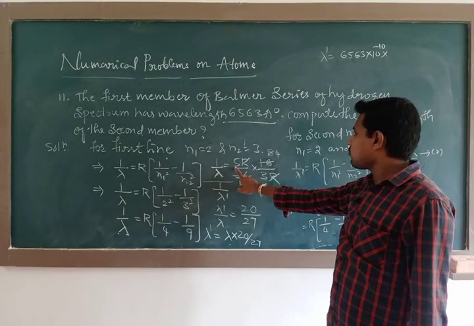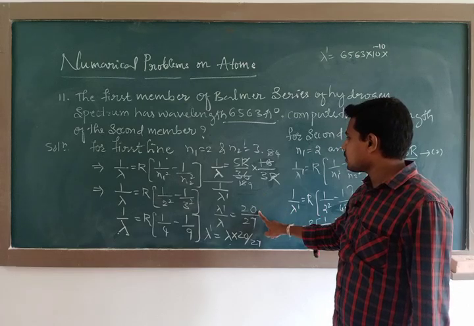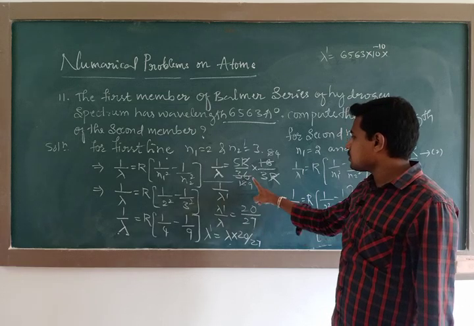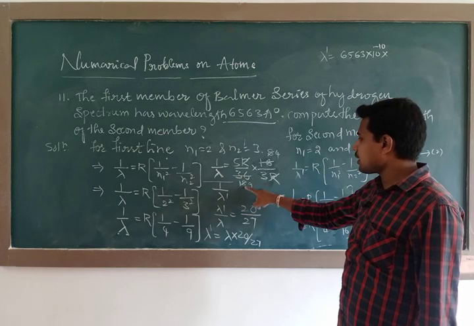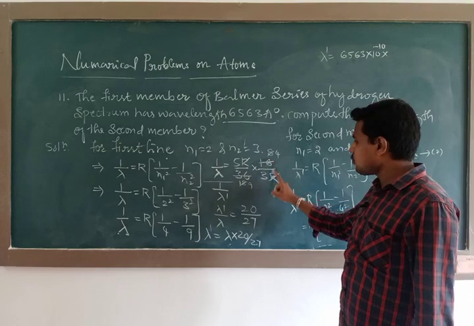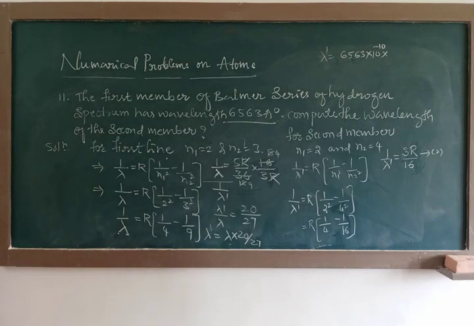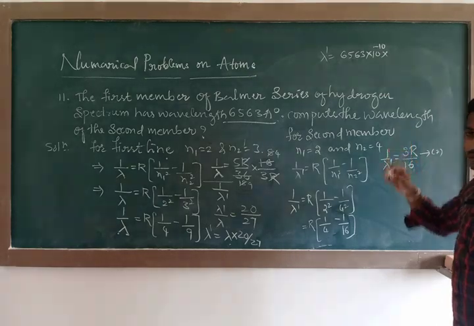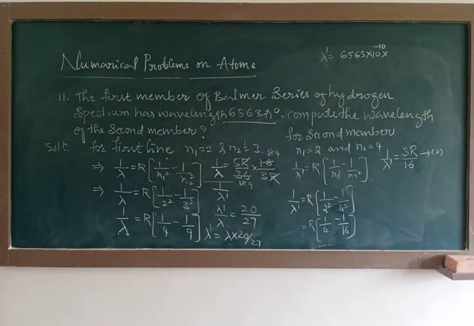Because 5 4s are 20, and 2 18s are 36, and this is 2 8s are 16. So therefore 9 3s are 27. 6563 into 10 raised to minus 10 into 20 by 27. Check this once and try to find the answer.